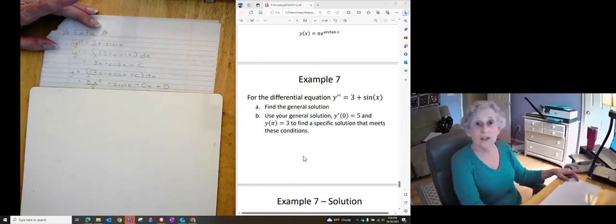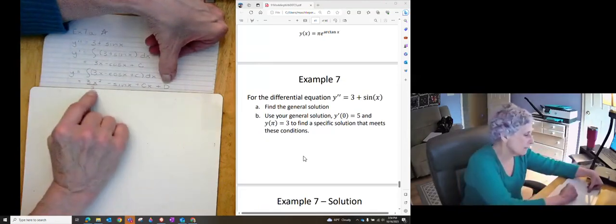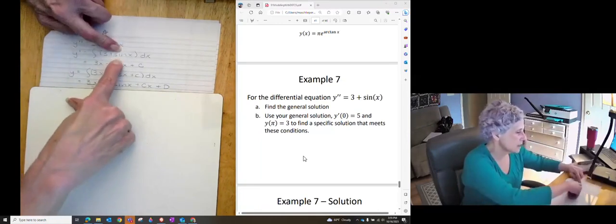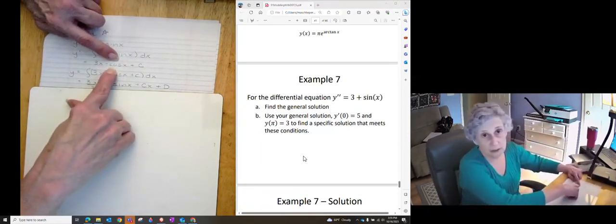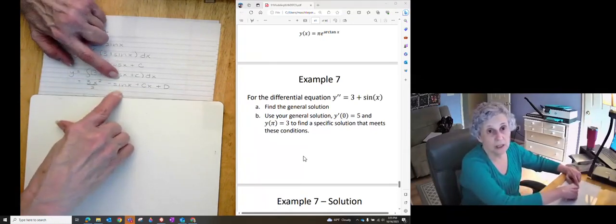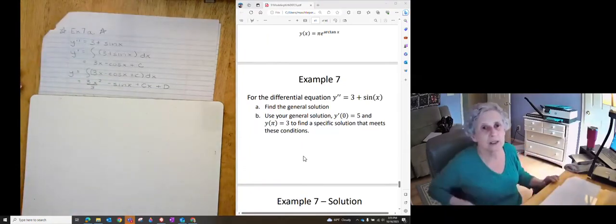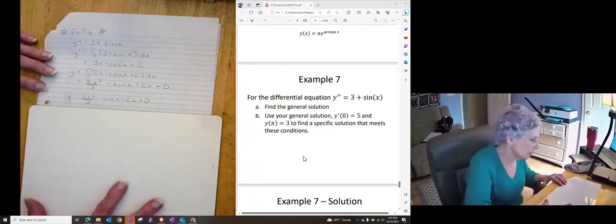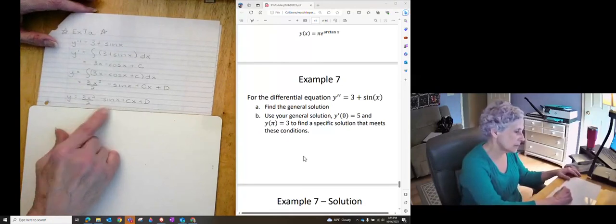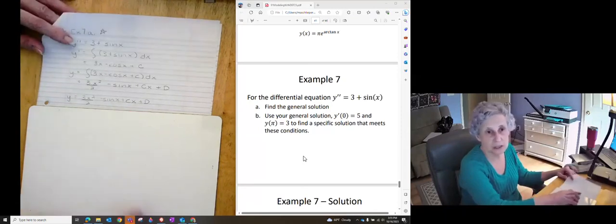I need another constant for that. So I have 3x squared over 2 minus sine of x, because the antiderivative of sine was minus cosine. Antiderivative of minus cosine is minus sine. The others are just add 1 to the exponent, divide by the new exponent. Then I end up with y equals 3x squared minus sine x plus cx plus d.